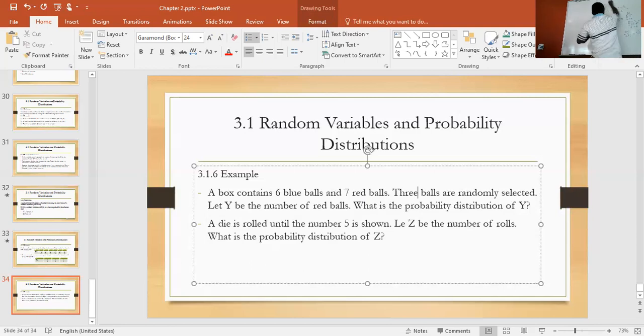So I can start the table here. X is 0, 1, 2, 3, and P of X for 0 is 10 over 143. Now we are going to do P of X equals 1, which is the number of ways of choosing one red ball out of how many reds?